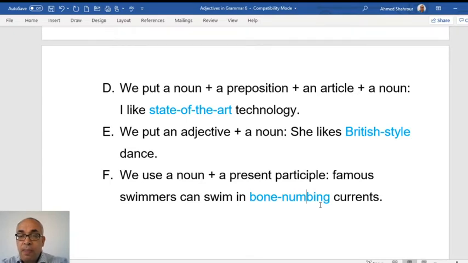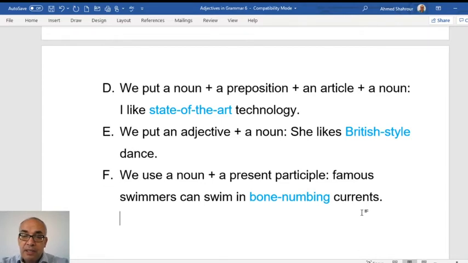If you watch part 3, 4 and 5 on adjectives, you will see an explanation on present participle. So numbing is present participle, so I put a noun, hyphen, present participle which has got an ing. Bone-numbing is a compound adjective which describes currents. Of course, the word currents is a noun.